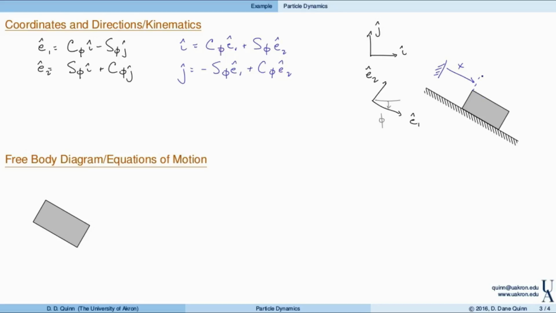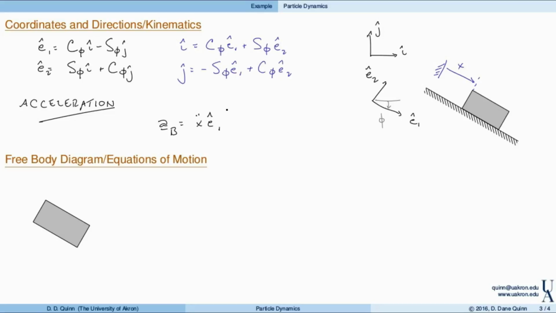As a result, we can determine the kinematics of the block, which amounts to finding the acceleration in terms of the measured coordinates and directions. So here the acceleration of the block is x double dot in the E1 direction.